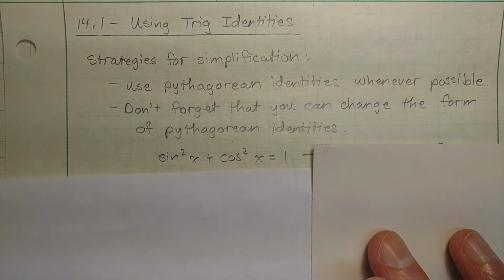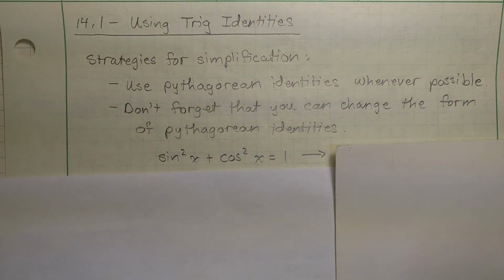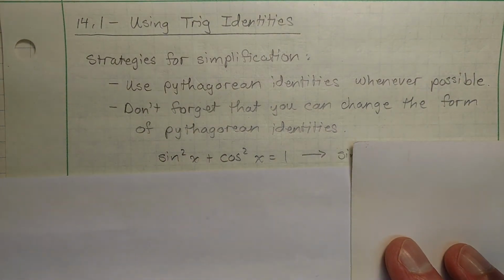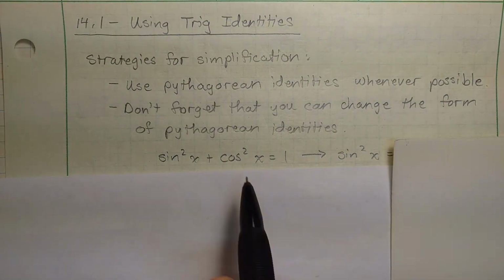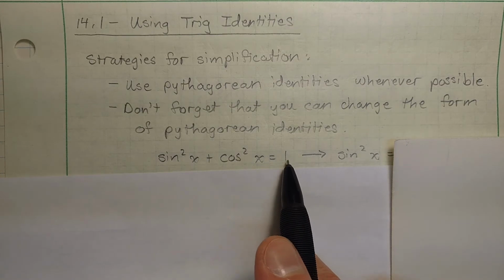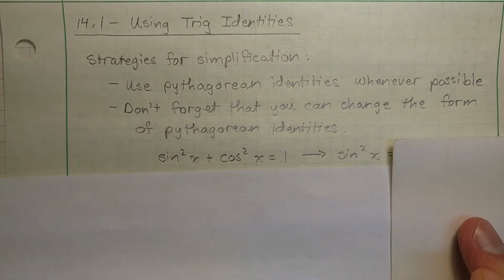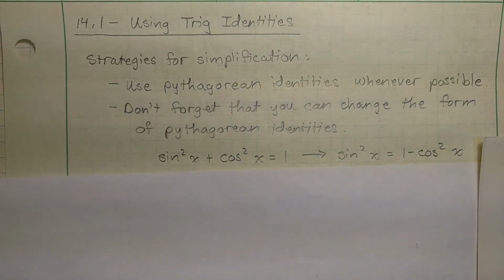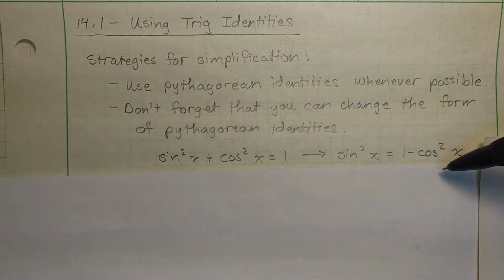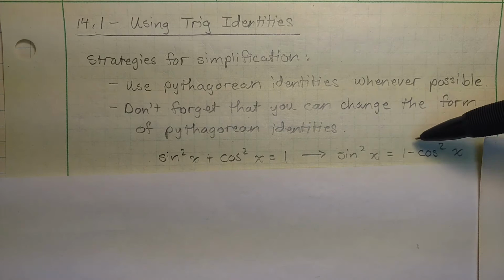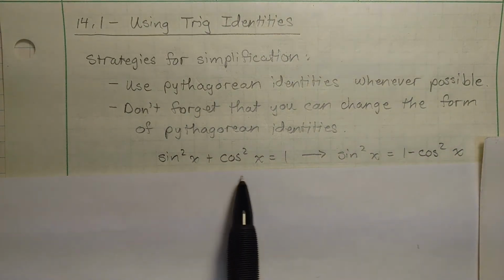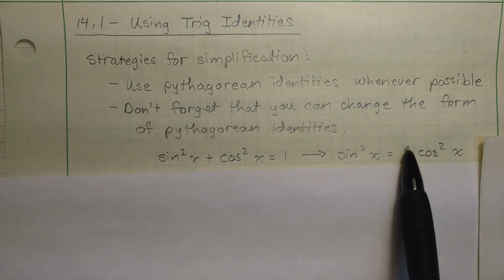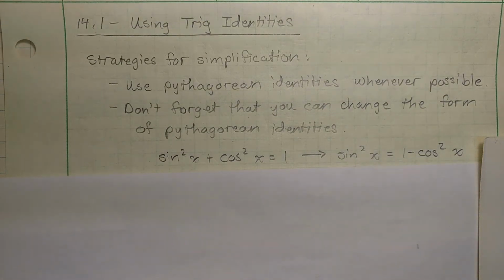For instance, if I subtract the cosine squared of x from both sides, that would take it away from here, and I would have 1 minus the cosine squared x over there. So I know the sine squared x would also equal 1 minus cosine squared x. So if you see this, remember that you can replace it with the sine squared x. Keep that in mind.